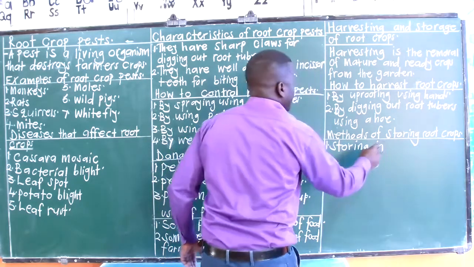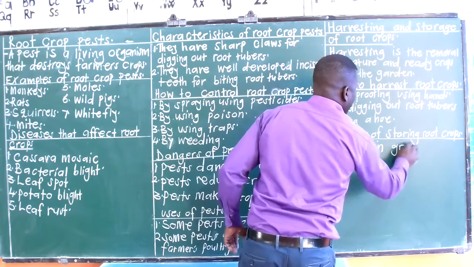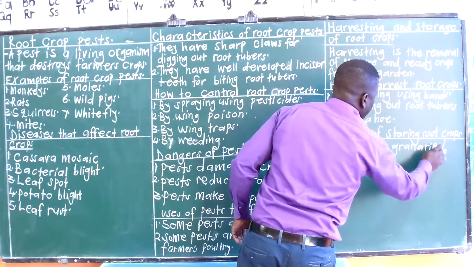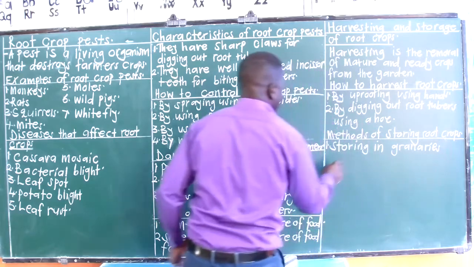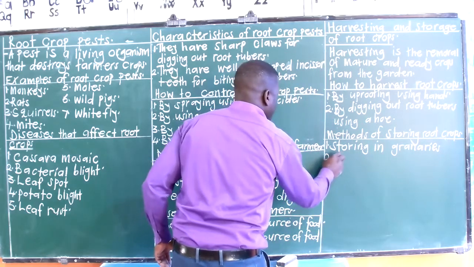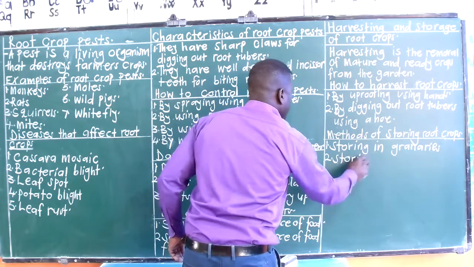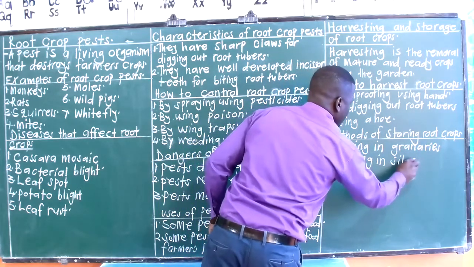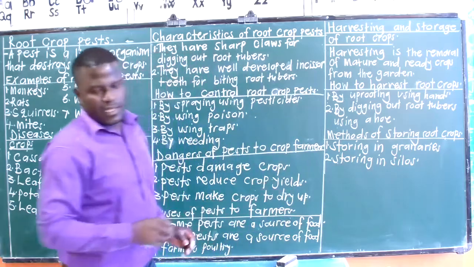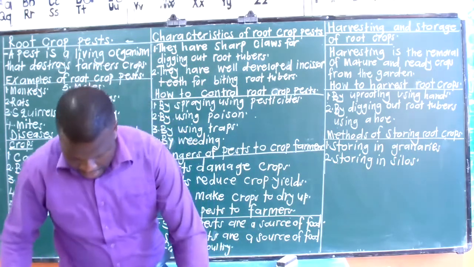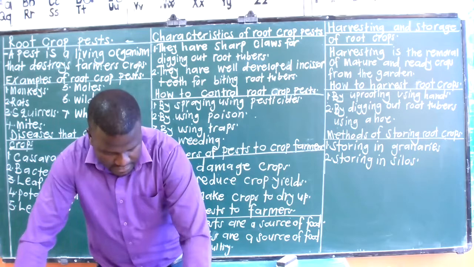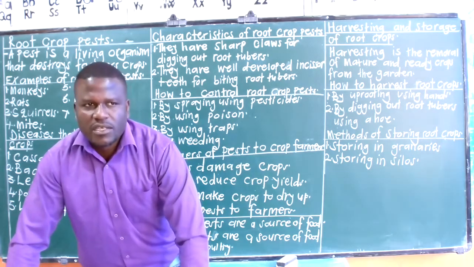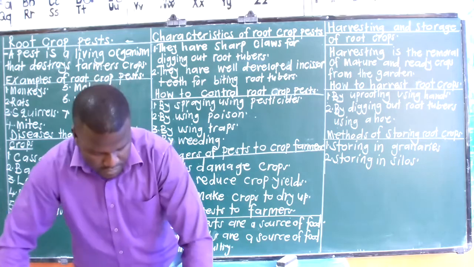Storing in granaries. Number two, storing in silos. Silos are large stores for storing food.